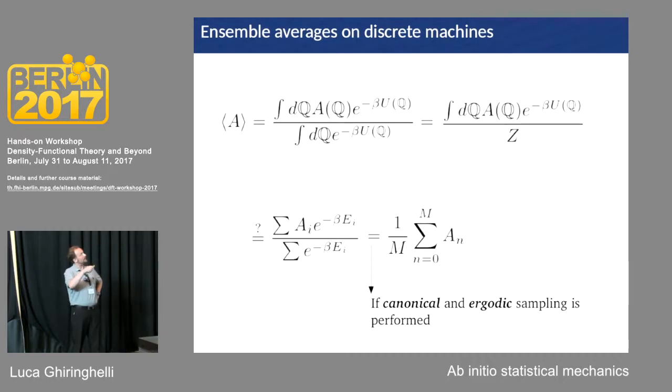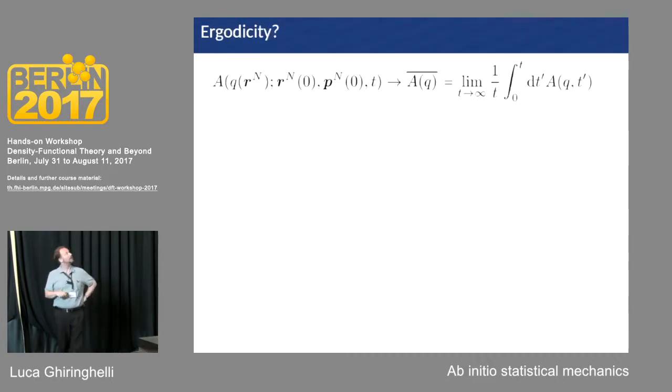So you go from this integral, or from this integral, to this sum, to this one that is actually what is sampled, so a simple average, if you can sample with the proper probability density.